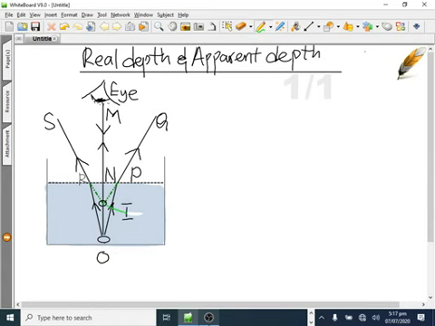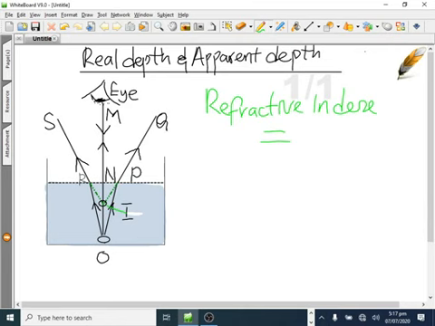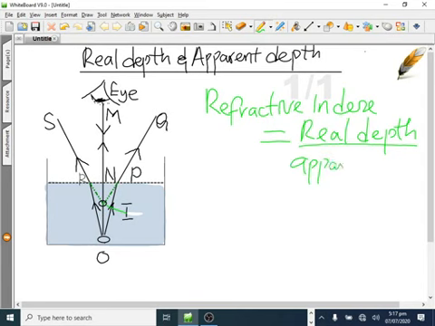Now, your refractive index is also known to be equal to your real depth all over your apparent depth.